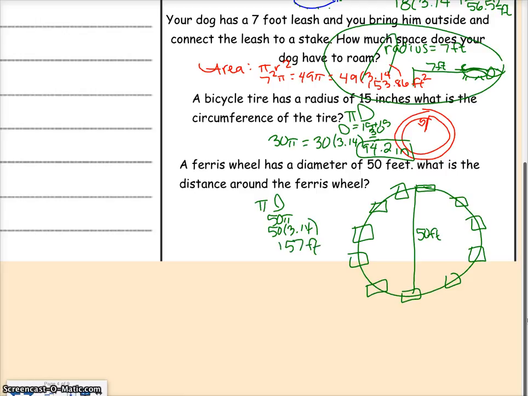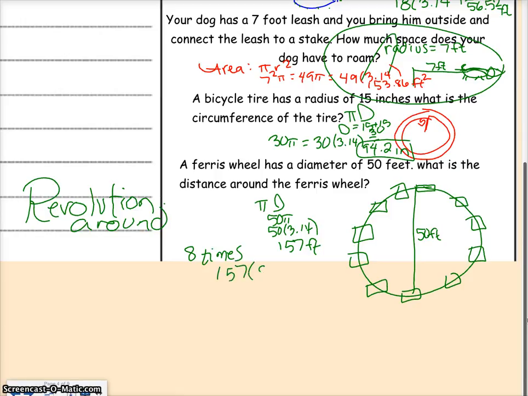Now in your homework today, it's going to ask you something about revolutions. Revolution means around. So if I said, how far will I go after 8 revolutions on my Ferris wheel? If you went around 8 times, I would find how much for one time, and then I would times it by 8.